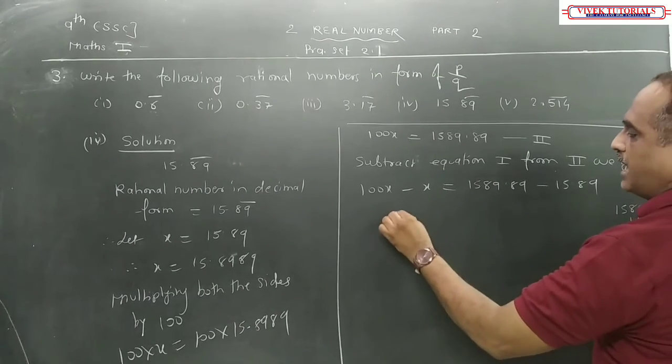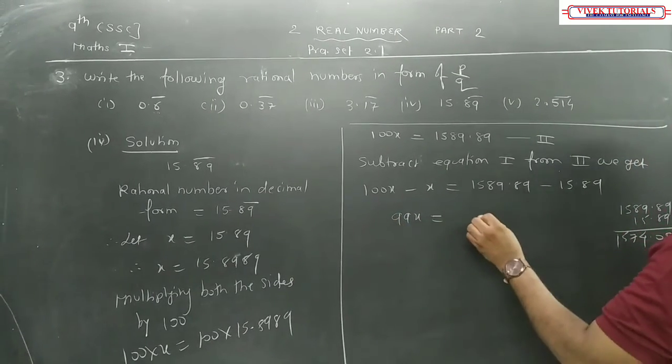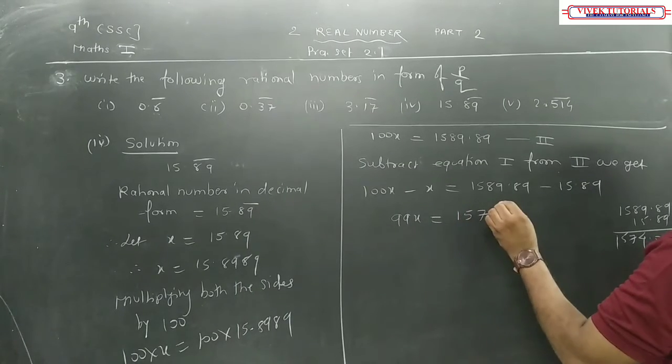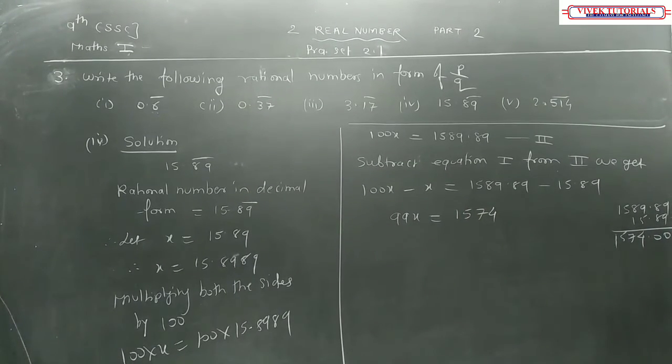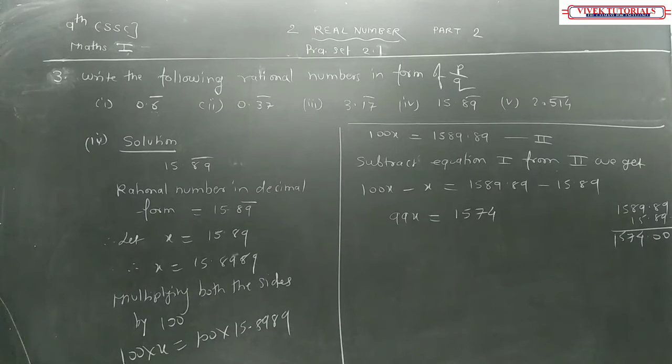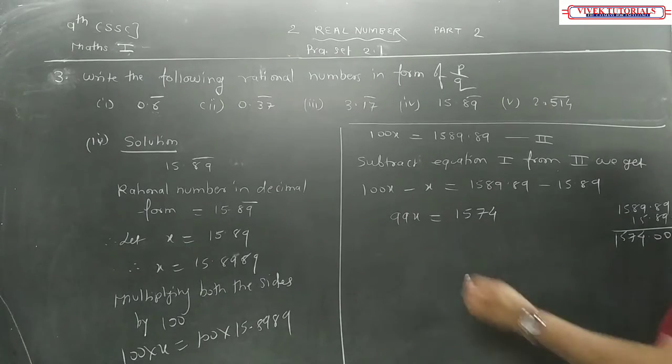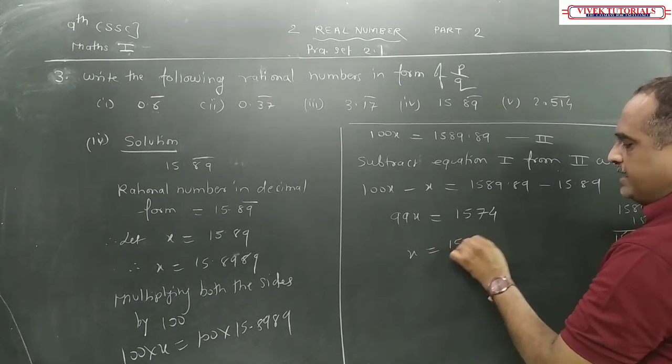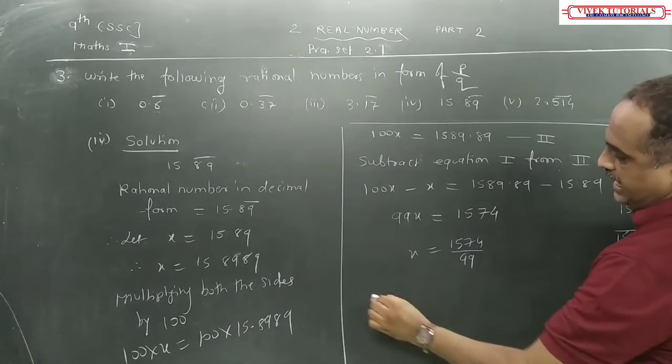So what I got is 100x minus x is 99x and it becomes 1574. So x will be 1574 by 99.